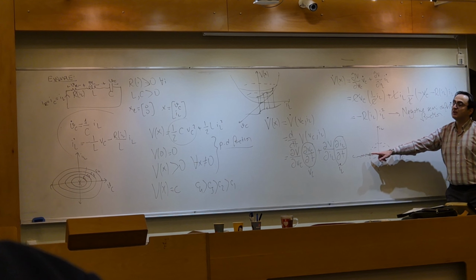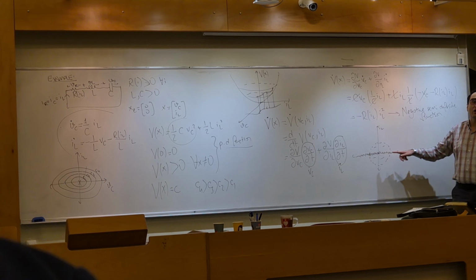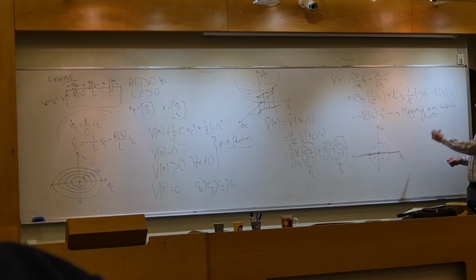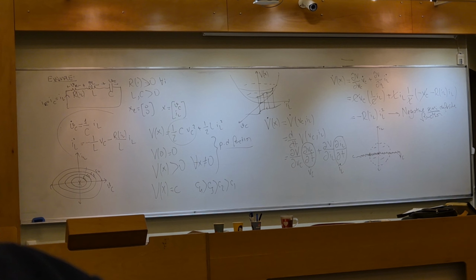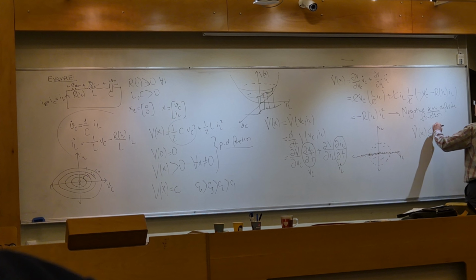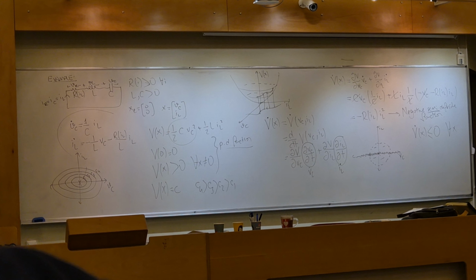Now, because it can take zero values at some places other than the origin, we will call the function a negative semi-definite function. And in that case, I see that V dot of x is actually smaller than or equal to zero for any x in the state space.